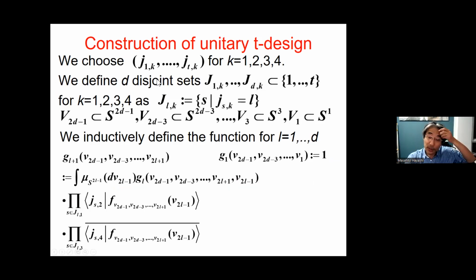To discuss that issue, you need to choose some sequence of indices first. So K is some index 1, 2, 3, 4. And depending on K, you need to choose a sequence J_1 to J_T. So we need to choose 4 integer sequences J_1 to J_T.